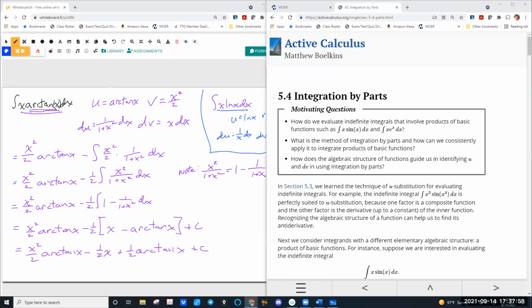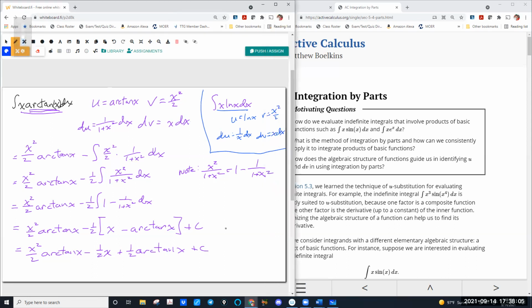How did you figure out that x squared over 1 plus x squared equals 1 minus 1 over 1 plus x squared? Yeah, this part right here. This is done with what's called partial fraction decomposition. We're going to do that on Thursday. I admittedly completely glossed over that today, so your question is 100% valid.